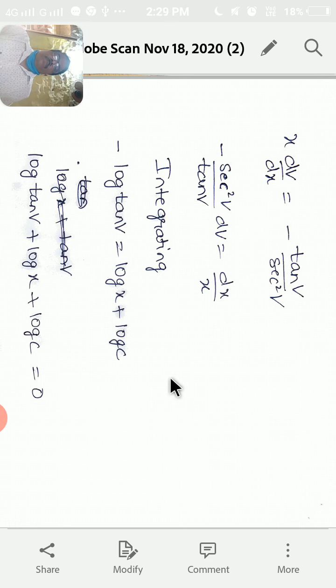Or simplify this: take −log tan v to here, so log tan v plus log x plus log c is equal to 0.